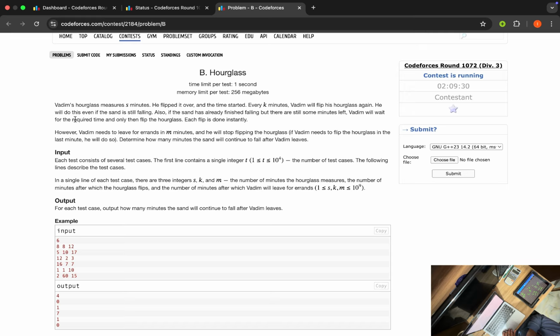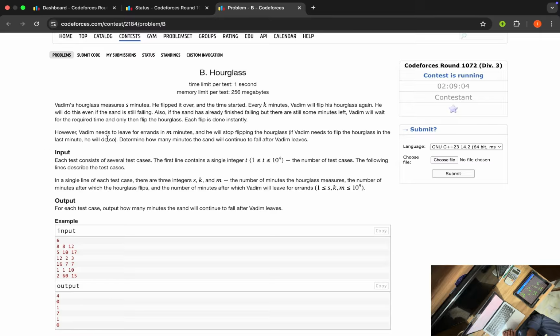Okay, k minute flip. He will do this even if the sand is still falling, and also if the sand has already finished falling but there are still some minutes left. Vadim will wait for the required time and only then flip the hourglass. Each flip is done instantly.